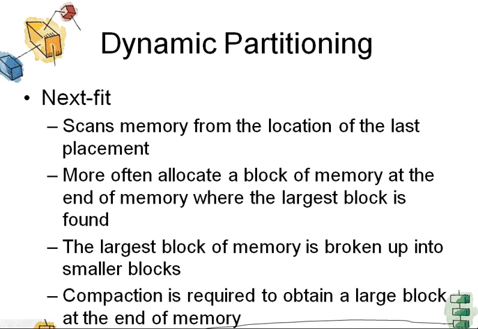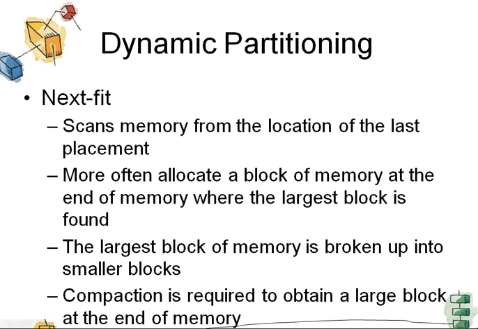Start searching from there. Now it is considered that most often it allocates a block of memory at the end of memory where the largest block is found. See, the result of compaction is you will find free area at the end of the memory. In compaction, all of the allocated processes will be shifted, compacted, and a free area of memory will be at the end of the memory.